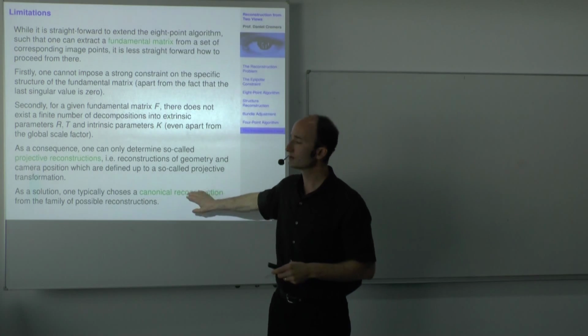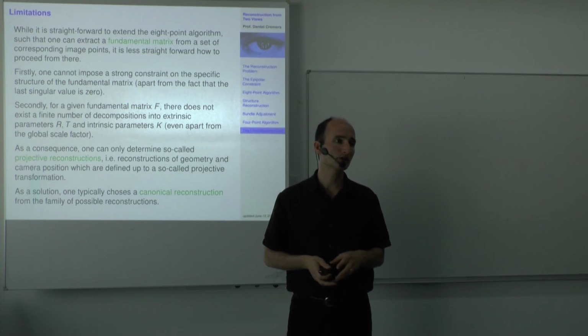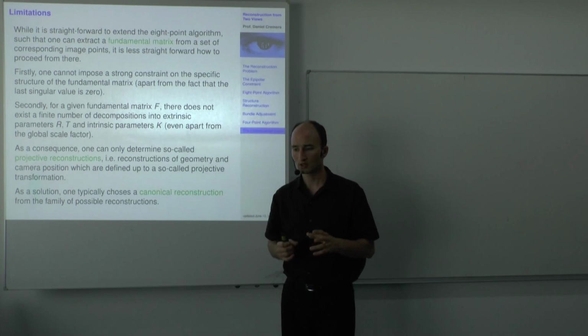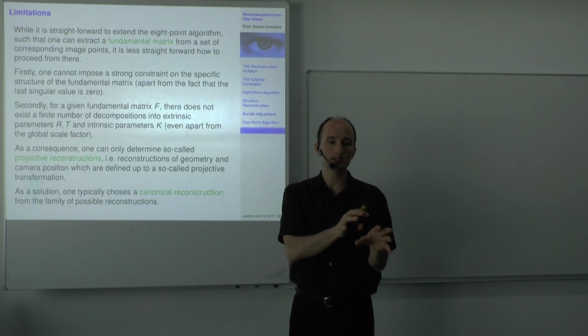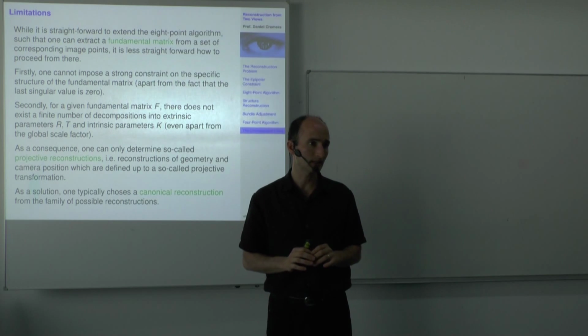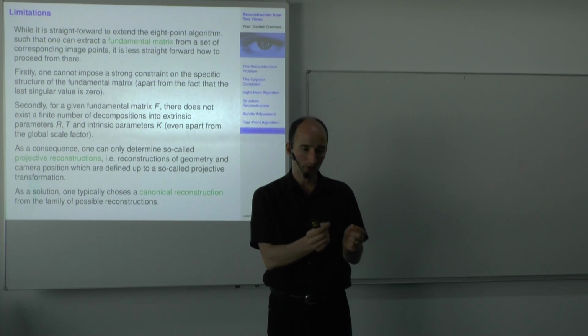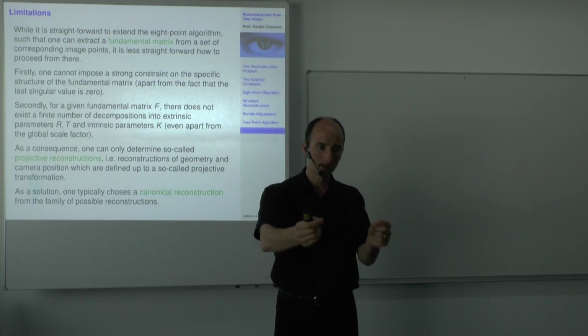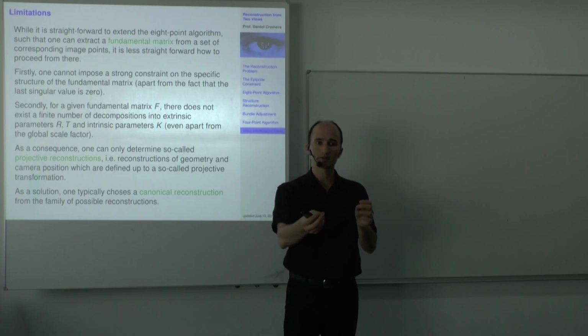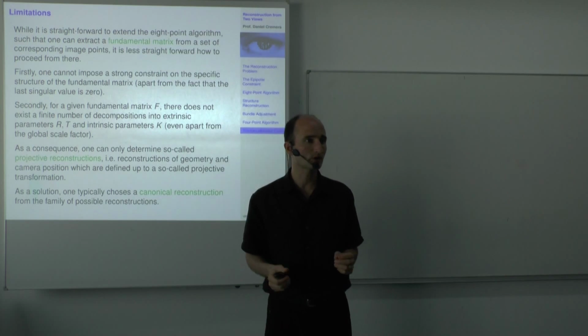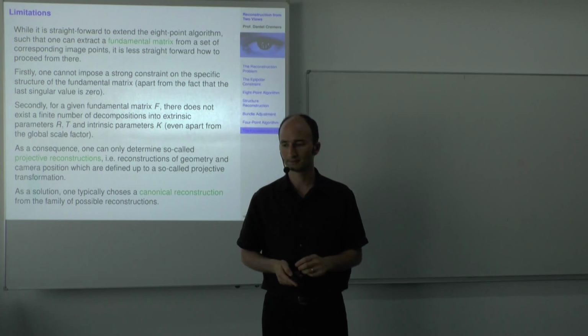Similarly here, you can normalize the reconstruction and then select one canonical one. Whether that actually is consistent with what you have in the world is not sure. Much like once I fix the baseline and say I set this to 1 meter, it doesn't mean the real world is of that size. It means I just don't know, so I have to fix something.